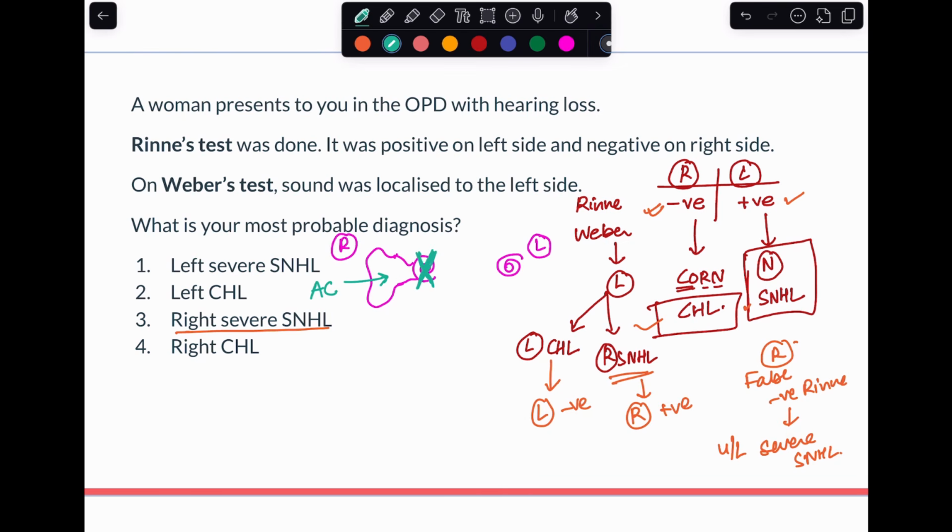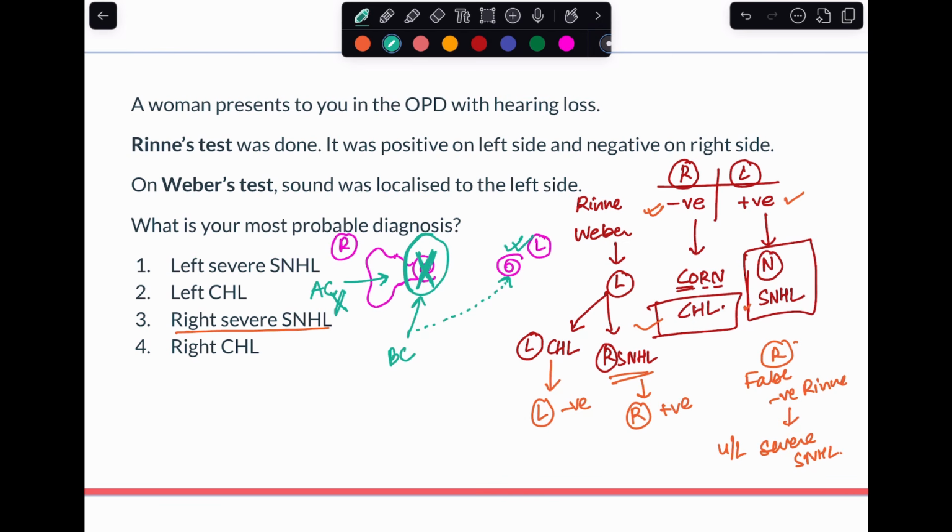Now when you're testing air conduction, because this cochlea is severely damaged, it is not able to perceive the air conduction. Second, we are giving bone conduction. Again, because this right side cochlea is severely damaged, it is not able to perceive anything. But what is happening is this bone conduction is transmitting through the cranial bones to reach the left-sided cochlea. Because the left side cochlea is normal, the patient is able to perceive bone conduction.